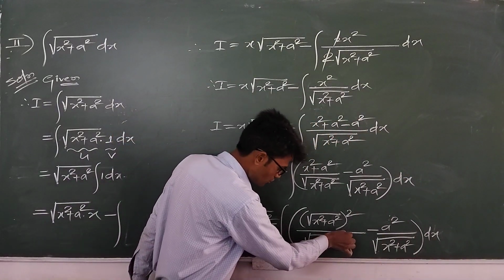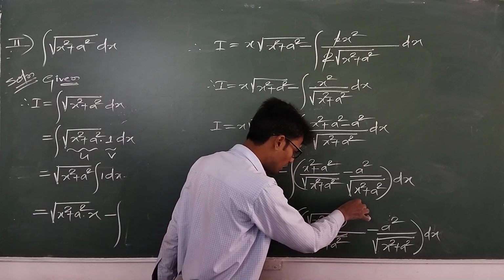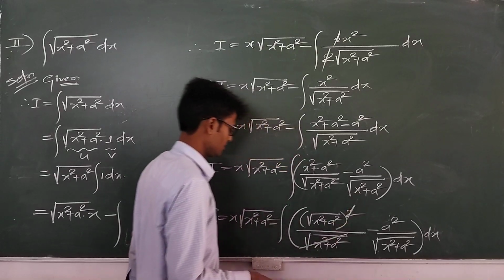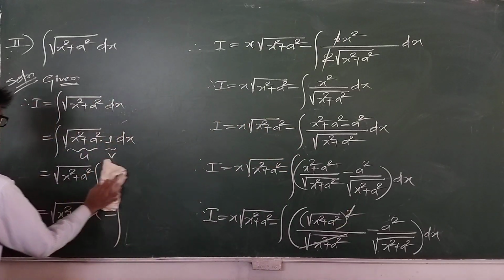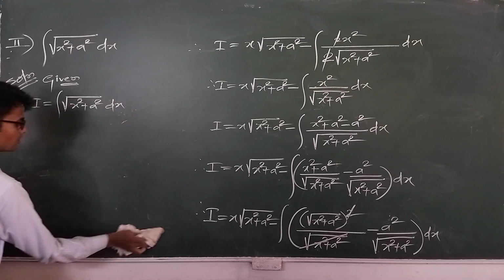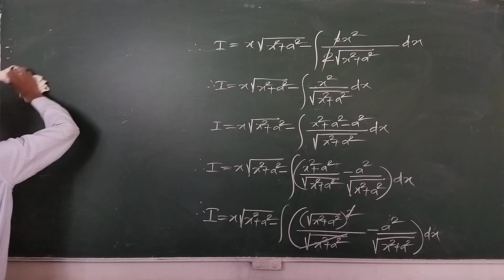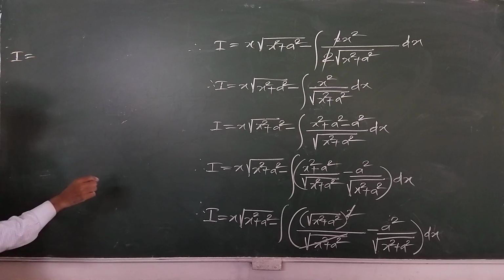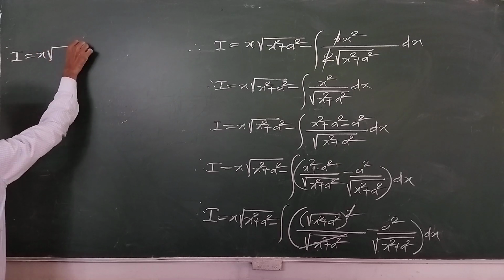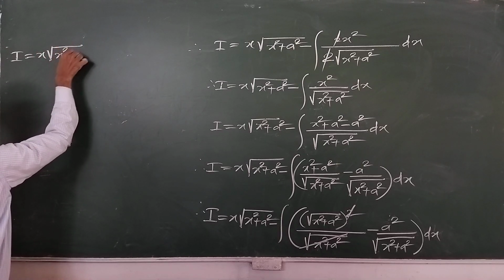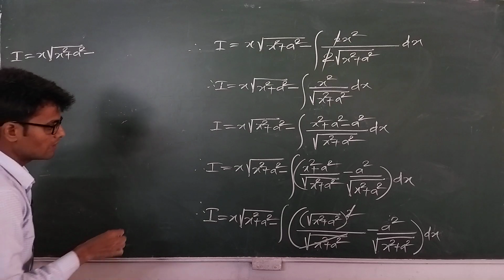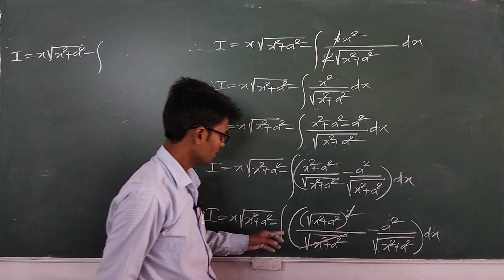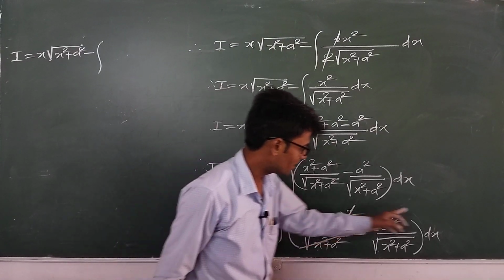Now this square root of x square plus a square and the other square root of x square plus a square, from the power 2, get cancelled. So I is equal to x into square root of x square plus a square as it is, minus integration of what remains here: integration of square root of x square plus a square into dx.